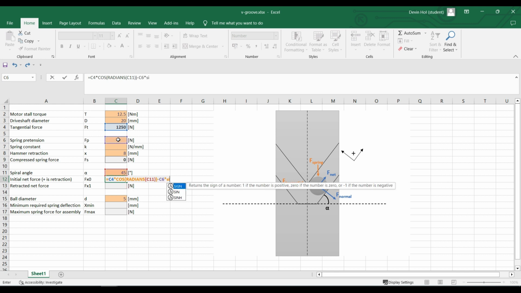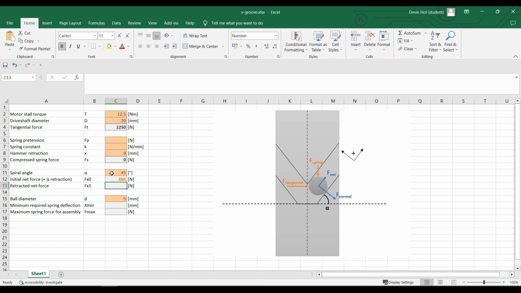For the net force we make a distinction between the initial net force due to the preload of the spring and the retracted net force when the spring is compressed after hammer retraction.